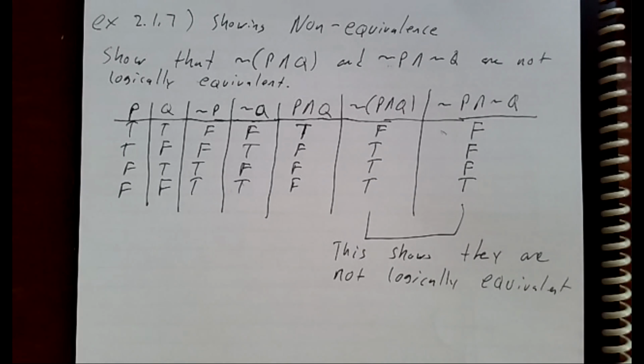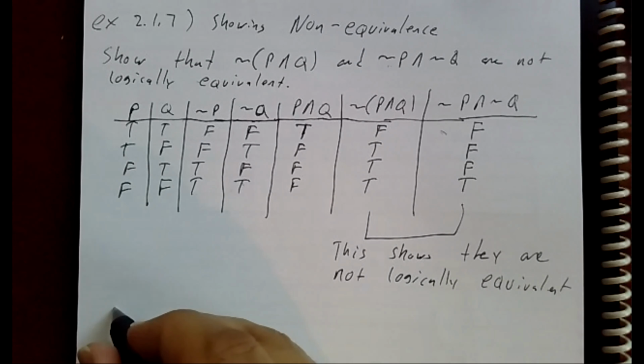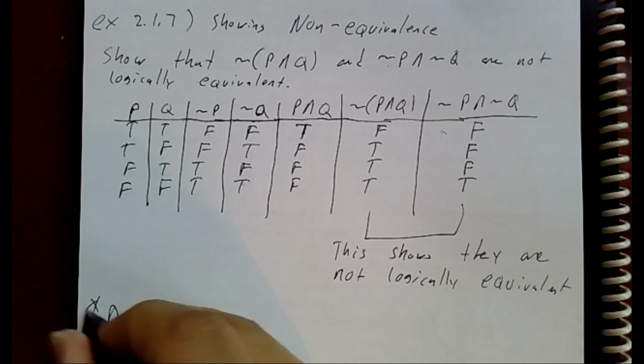So we're about 70 something percent done with 2.1. So let's talk about De Morgan's laws. This is an important rule.